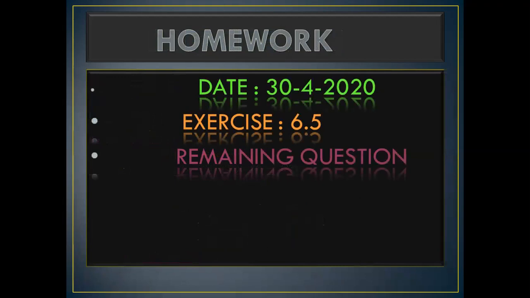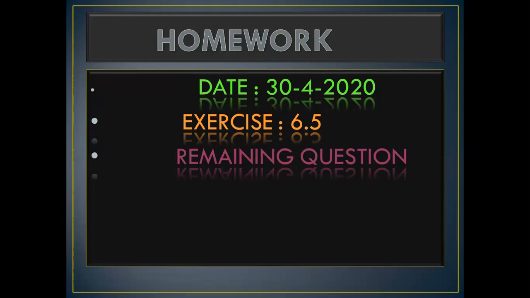Okay, students, we have finished exercise 6.5. Alhamdulillah. Only one concept is there, a square minus b square, which is equal to a plus b into a minus b. Although the formation of the questions is changed, the formula is the same in all the questions. And the questions which are different from each other, I did all those parts for you.